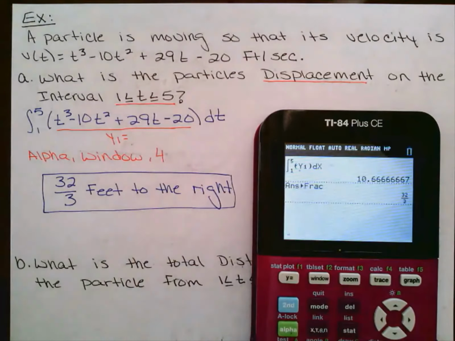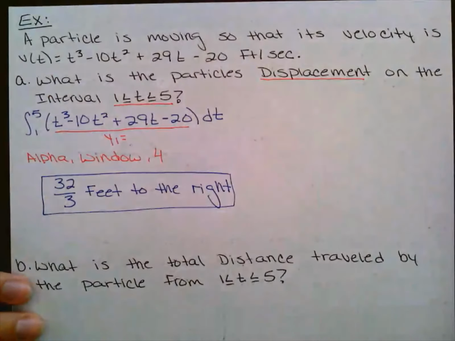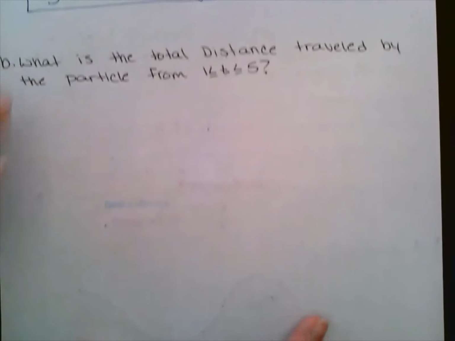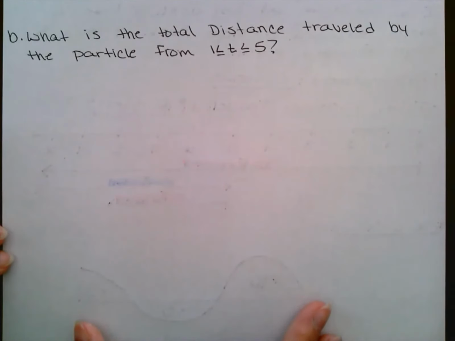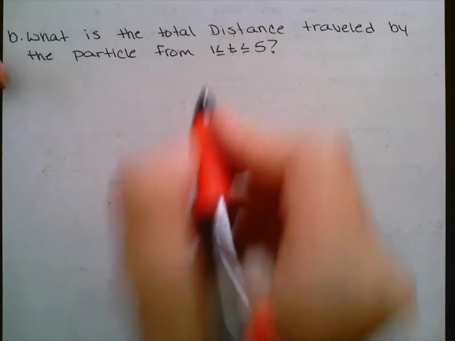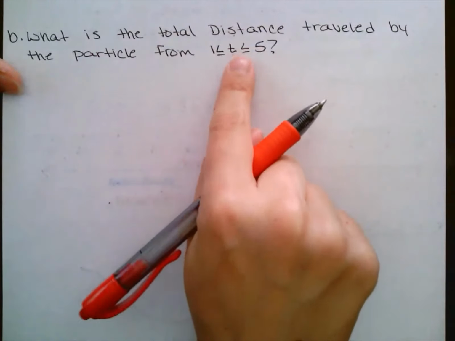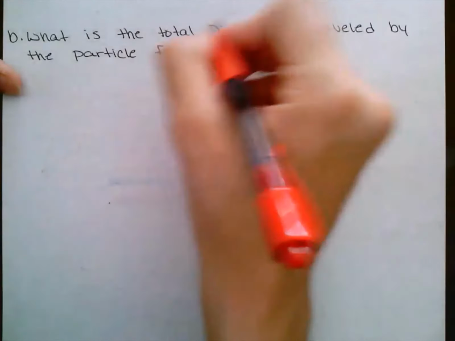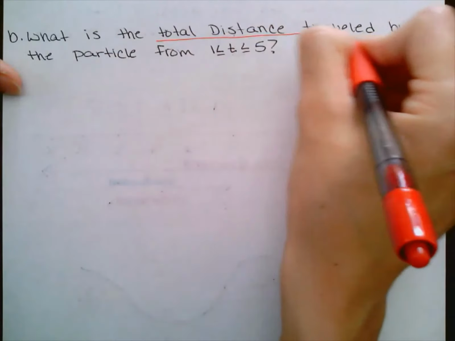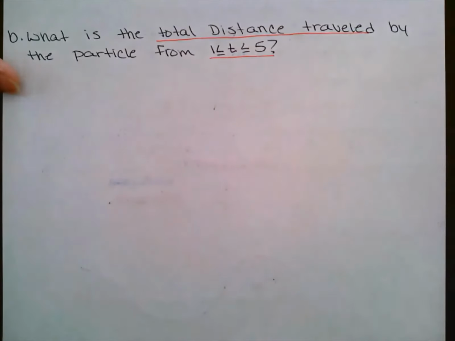All right, let's check out this next one. B says, what is the total distance traveled by the particle from 1 to 5 of the time? Again, the time is in seconds, so it's from 1 to 5 seconds. Total distance traveled from 1 to 5.